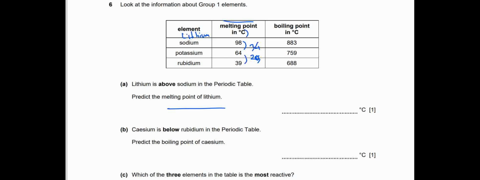And lithium has a much smaller radius compared to the others, so the strong electrostatic forces between the positive nucleus and the sea of electrons, because this is metal. So this one we can say is times 2, this one is times 1.5.